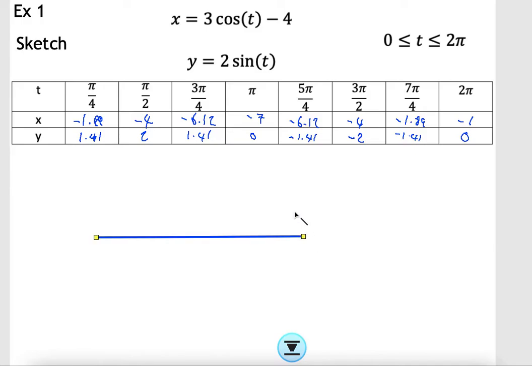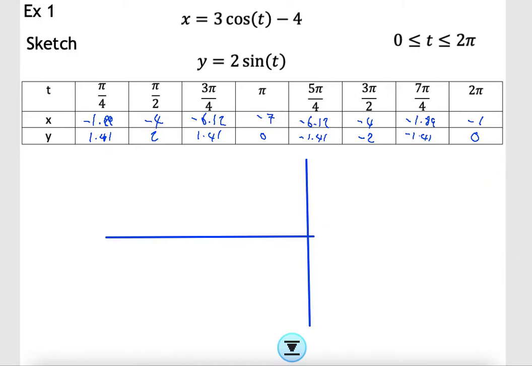And for y we've got positive and negative values, so I'm going to do something like this. In terms of the scale, negative 7 is the smallest value, so I think we're probably going in ones. All right, seems pretty sensible.